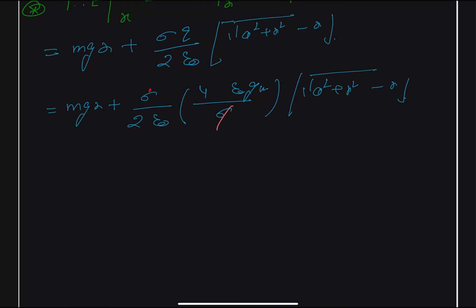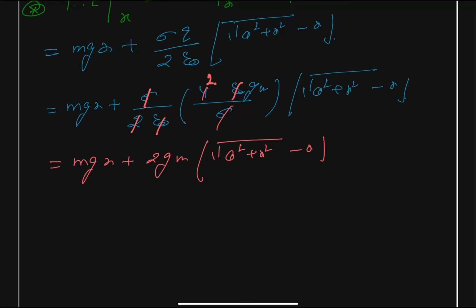Here sigma and epsilon naught cancel and 4 goes by 2, so this comes as mgx plus 2gm times square root of a square plus x square minus x.